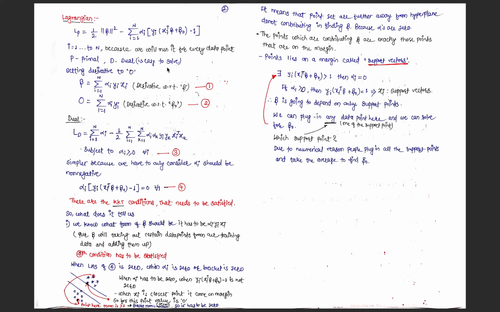Okay, and beta will come to this side, so beta will be positive and this will be positive. We can call it the first condition.